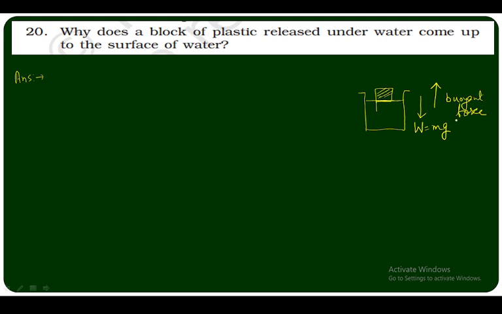And if we find that the buoyant force is greater than the weight of the object, or the downward gravitational force, then it will come up to the surface of water.